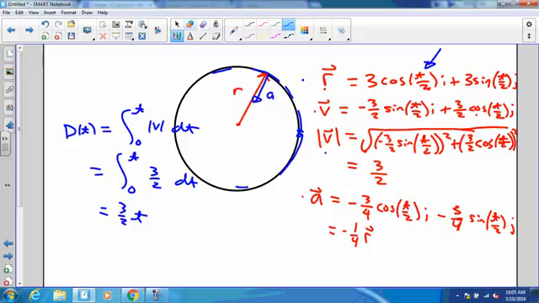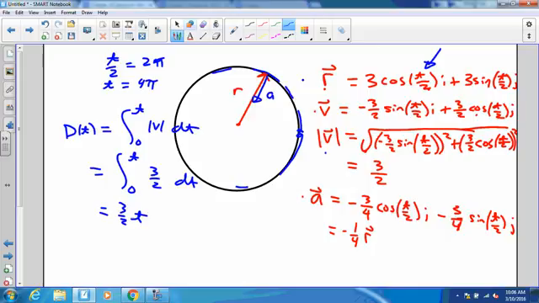So let's go a little bit further with this. If I want to go all the way around the circle, starting here and coming back to my original point, then I'm going to have to go one trip around.